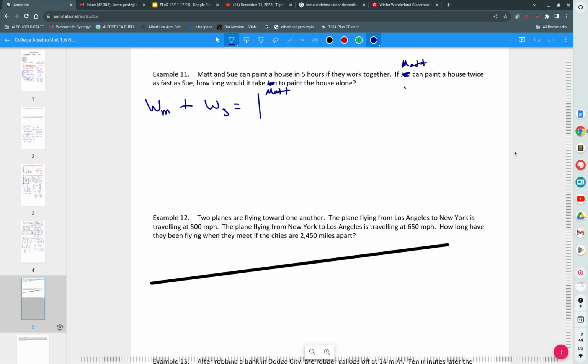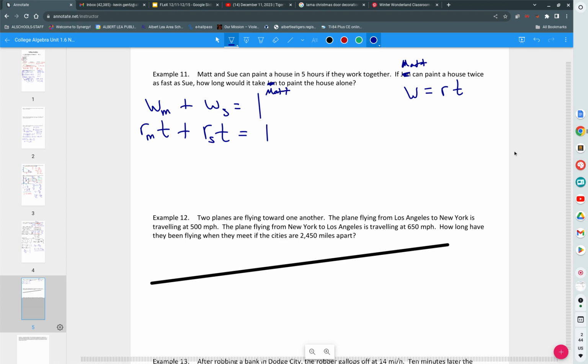Remember that work is equal to the rate times the time. So we have the rate of Matt times time plus the rate of Sue times the time is equal to 1.